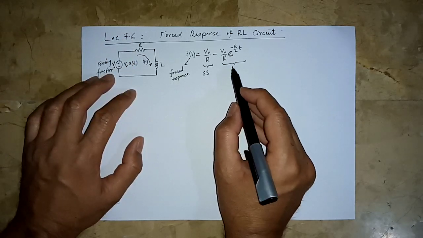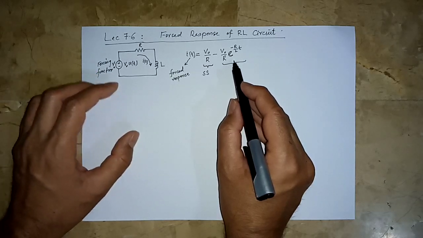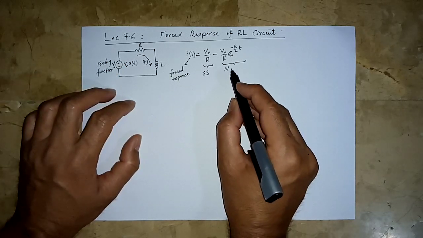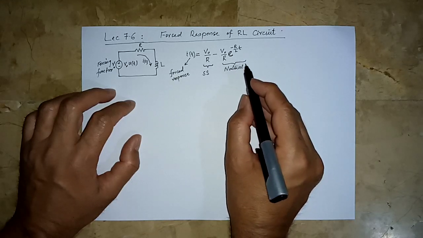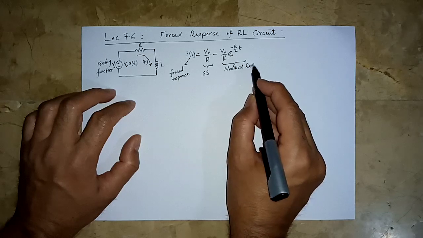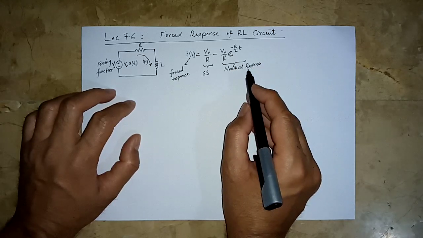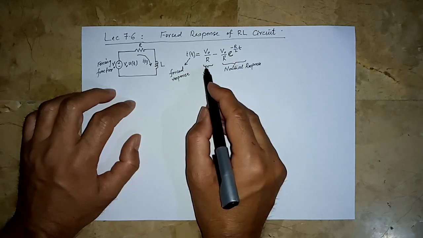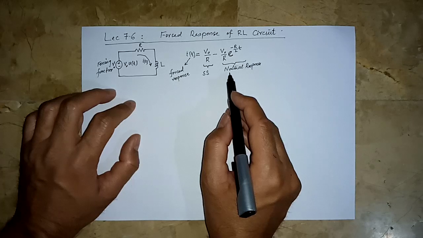So the form of this is related to the natural response of the circuit. This term has the form of the natural response. It is not the natural response; it has a form like the natural response. This has the form like the forcing function, and overall this is the forced response of the circuit.